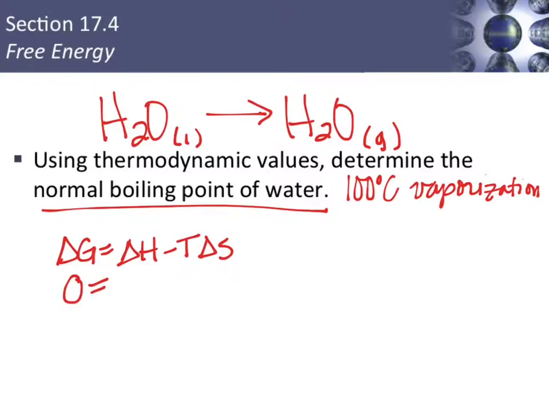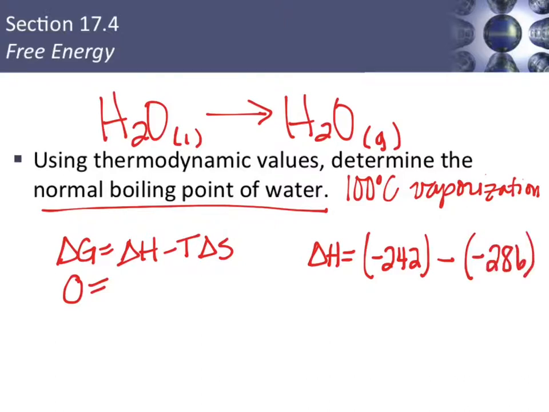Now go to the back of your table, and delta H is equal to the products minus the reactants. So the delta H of my gas, which is negative 242, minus the delta H of my liquid water, which is negative 286. And that gives me 44 kilojoules per mole.